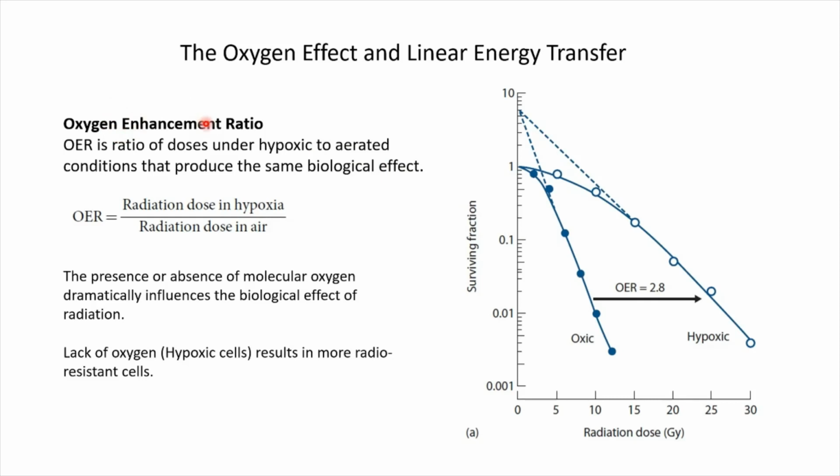The oxygen enhancement ratio is the ratio of doses under hypoxic to aerated conditions that produce the same biological effect. So OER is equal to the radiation dose in hypoxia divided by the radiation dose in air to give the same biological effect.